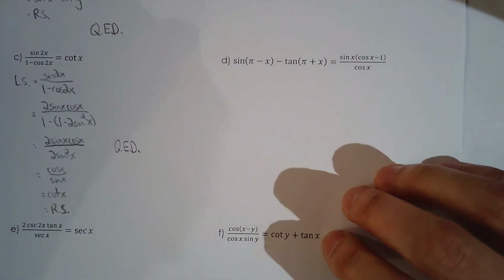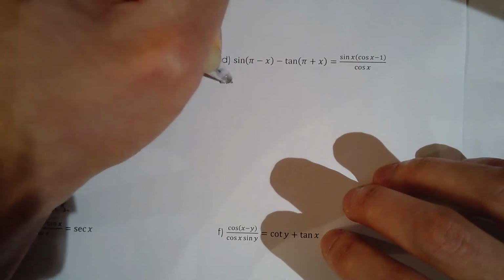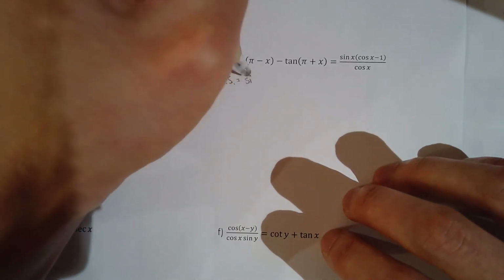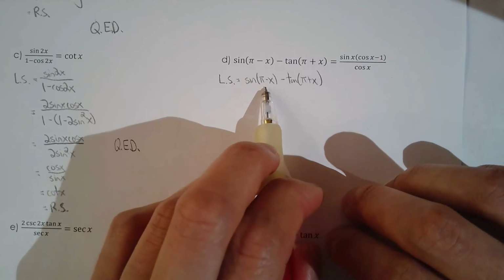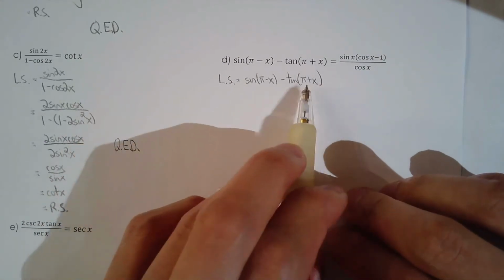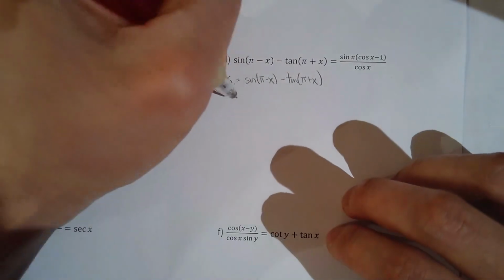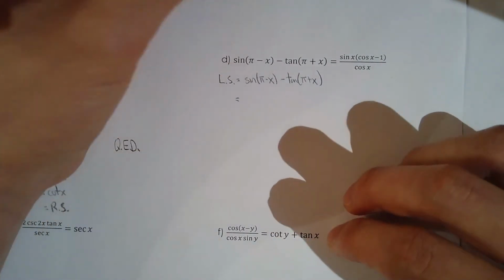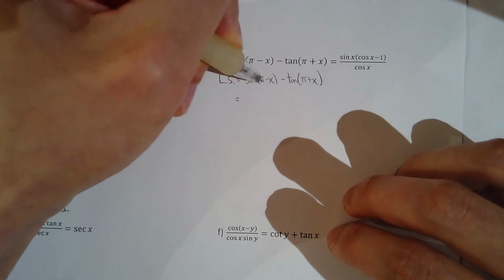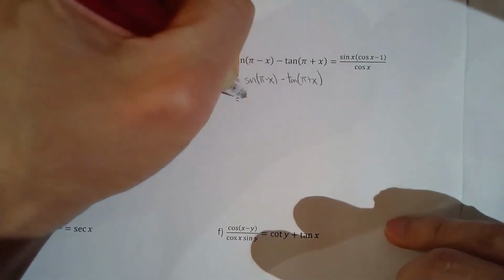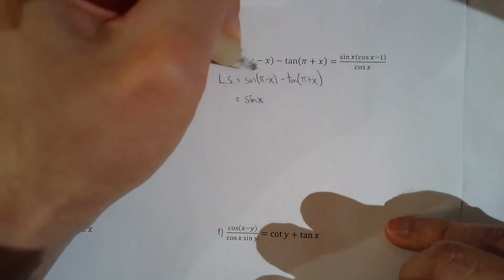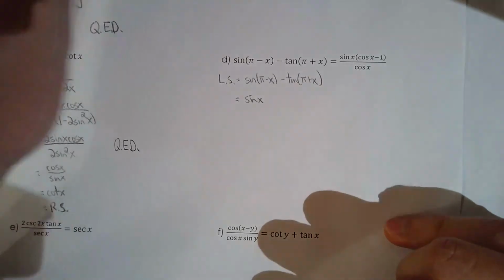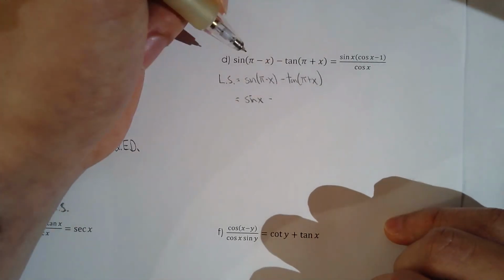Okay, let's do D. So I'm going to work with the left side. You could use the subtraction formula for sine and the addition formula for tan. But instead, I'm going to use equivalent trig expressions. I know sine of pi minus x must be equal to sine of x because the reference angle of pi minus x is x, and this is in the second quadrant, so sine of pi minus x must be sine x.